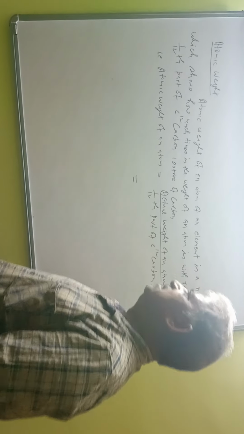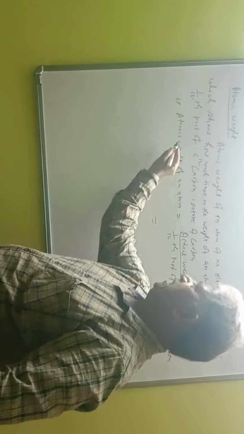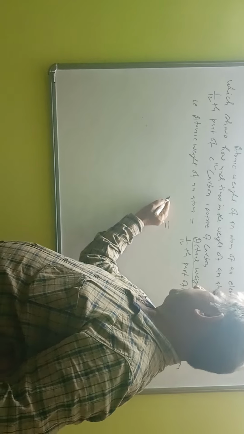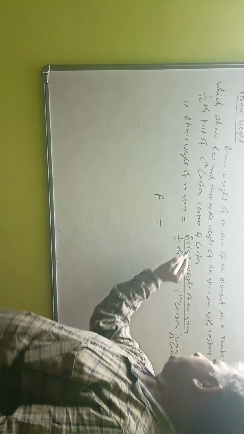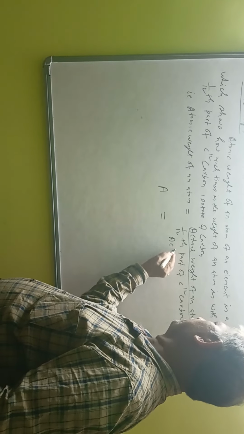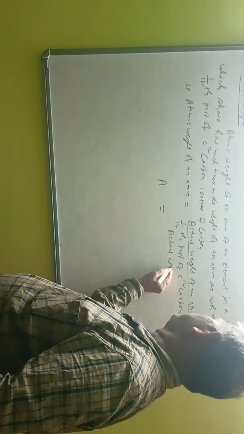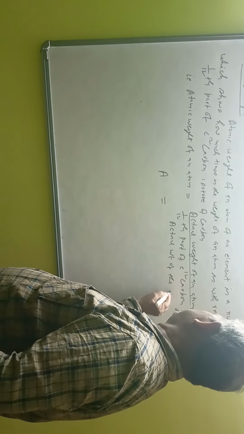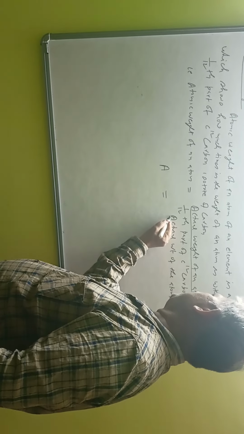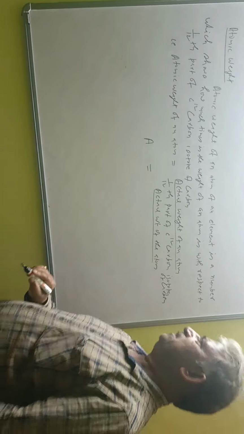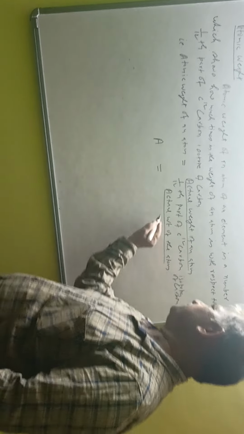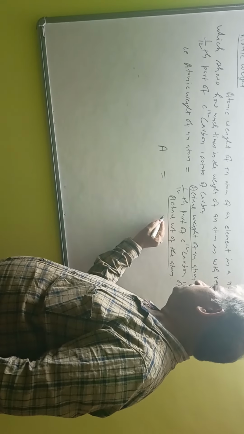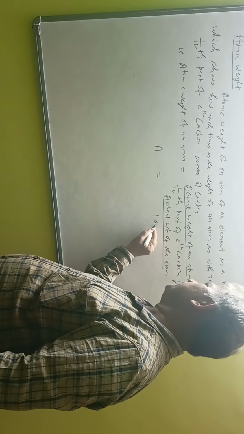This is represented in the form A, and this is the actual weight of the atom, divided by, according to the concept of 1/12 part of the C12 carbon isotope, this was the definition of AMU or 1 AMU.